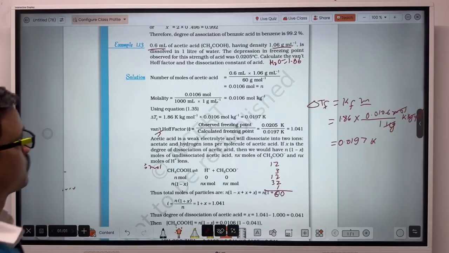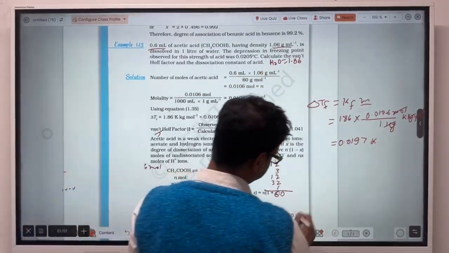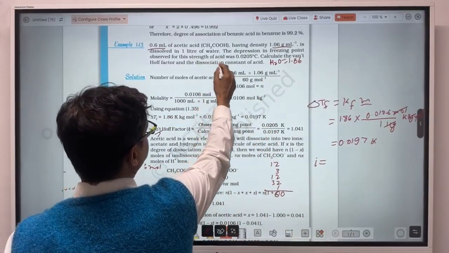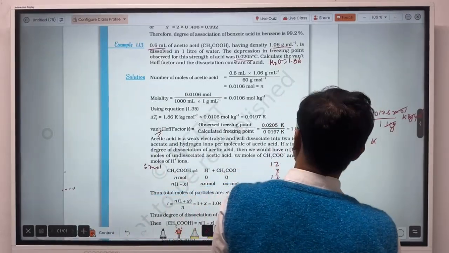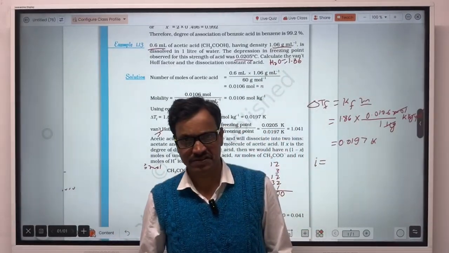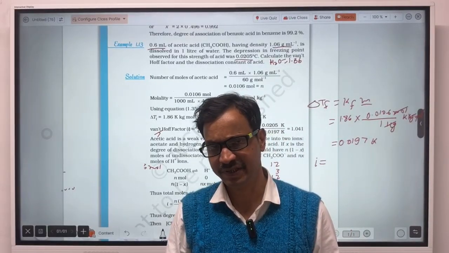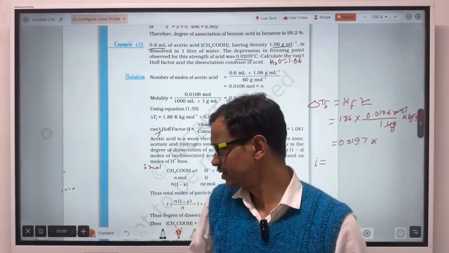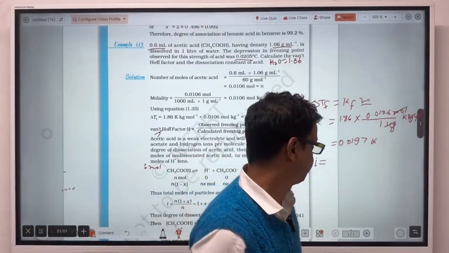Now the van't Hoff factor: observed colligative property upon calculated colligative property. So the observed colligative property, the depression, is equal to 0.0205. It is in degrees Celsius. Guys, keep in mind, change in temperature in degrees Celsius will be equal to change in temperature in Kelvin. How? I shall tell you later on. Because that is a change.